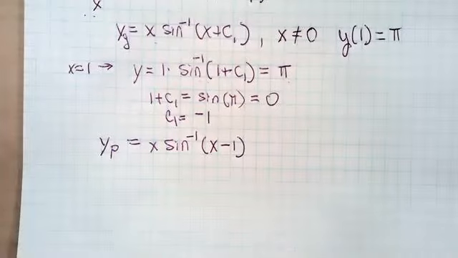Very often, even if it did matter, it kind of washes out if you have an initial condition or boundary conditions or something like that, because then that forces the value of the constant anyway.